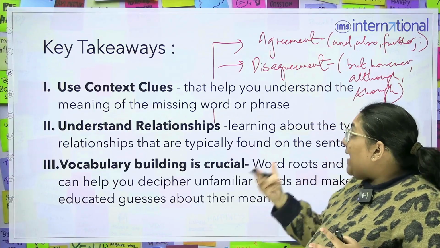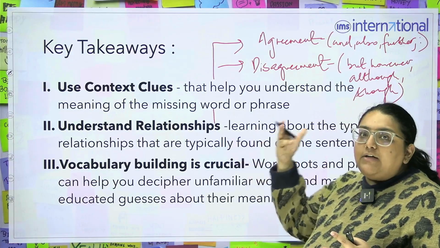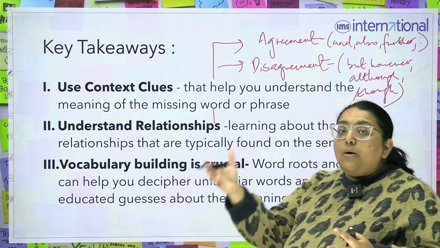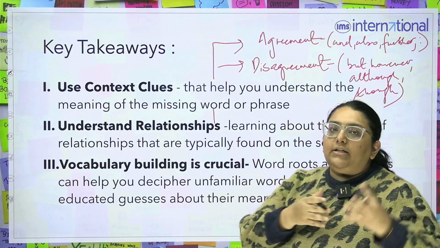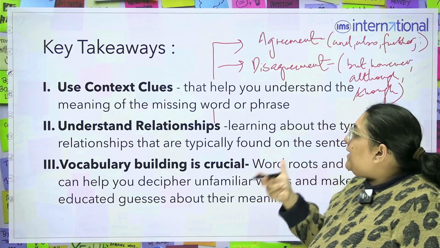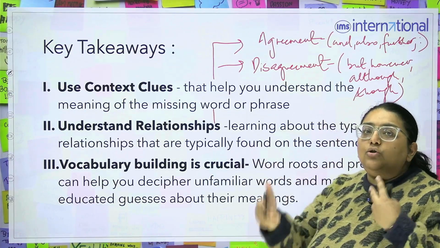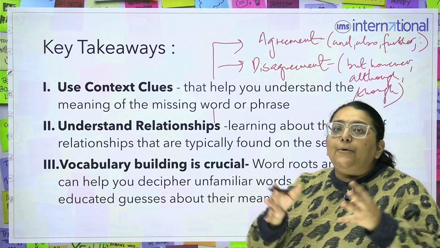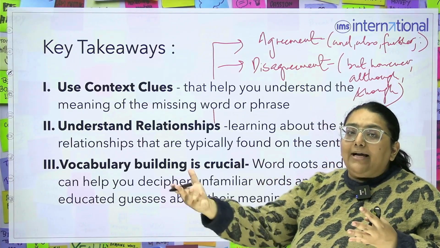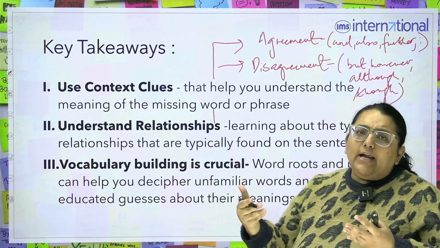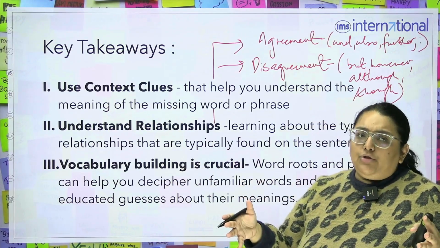So maybe the blank in the second part of a sentence will contain some word that is opposite to the words mentioned in the first part. So identifying the relationships between the two parts of the sentence will help you predict the tone of the blank, whether it should be positive or negative, or it can also be neutral.